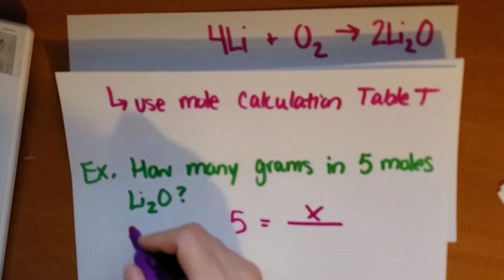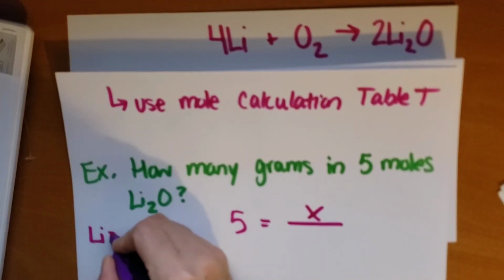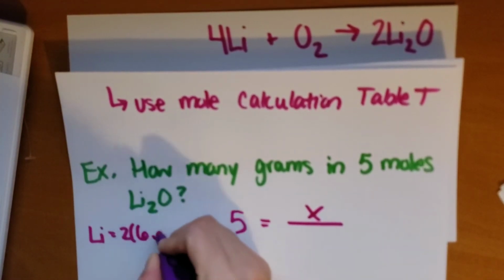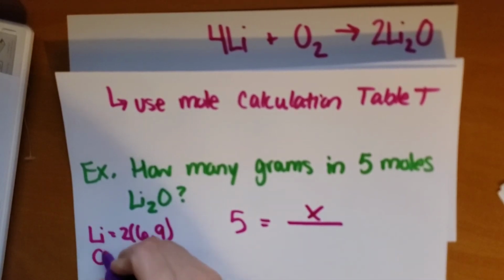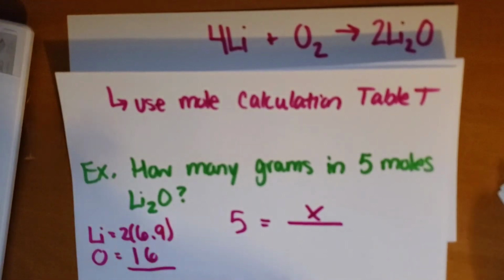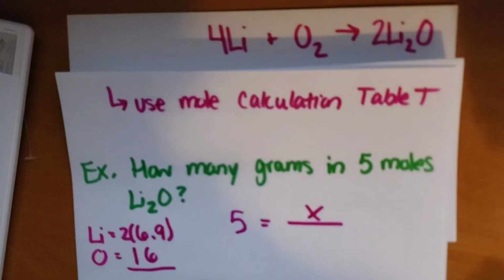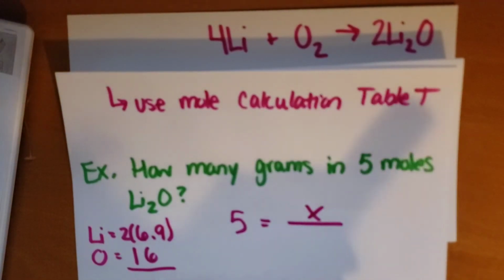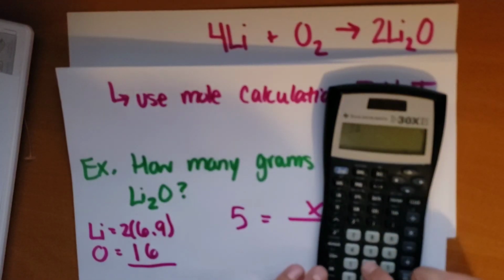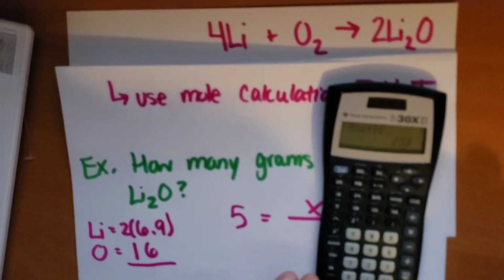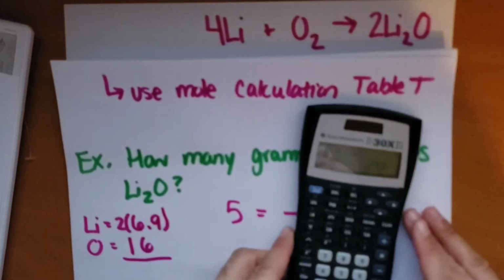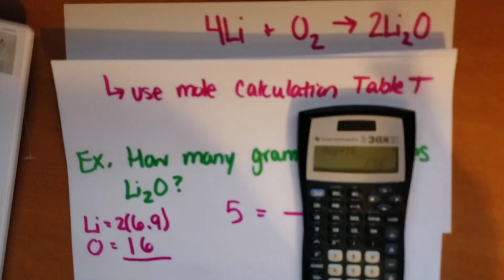In lithium oxide, we have 2 lithiums and 1 oxygen. When we use our non-graphing calculator, we will find that our new mass is 29.8 grams.